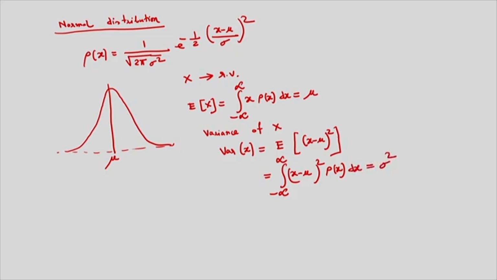So that is the variance of the normal distribution. This concept I think you know, because you have already studied the course on probability and random processes. So now, what is the multivariate Gaussian distribution? Let us move to the next slide.